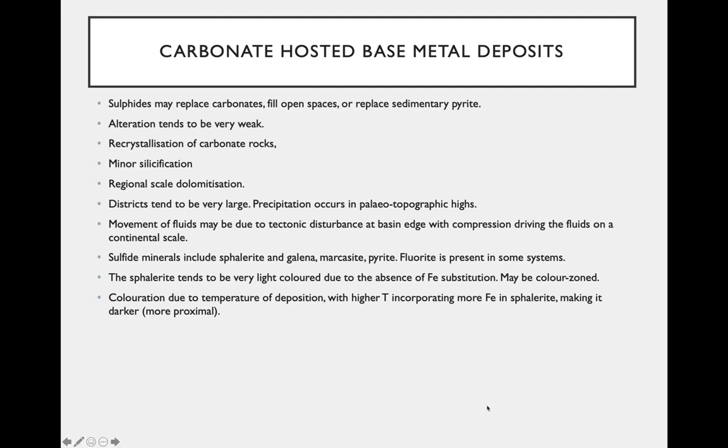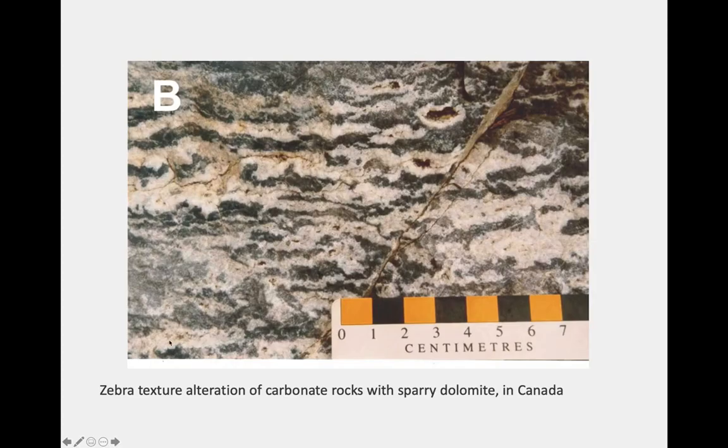So the kind of sulfides we get will be sphalerite, galena, marcasite, pyrite, maybe fluorite. The sphalerite tends to be light colored due to the absence of iron, and we can get variations based on temperature.